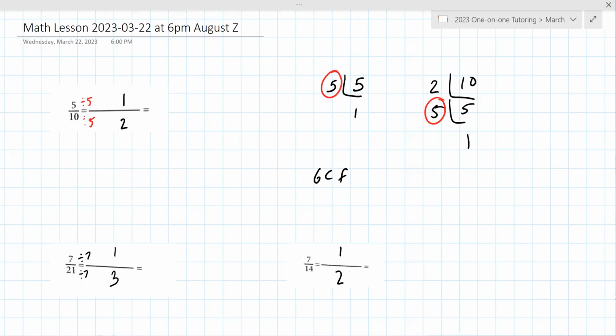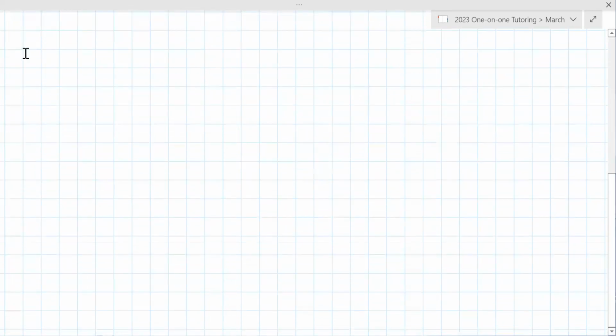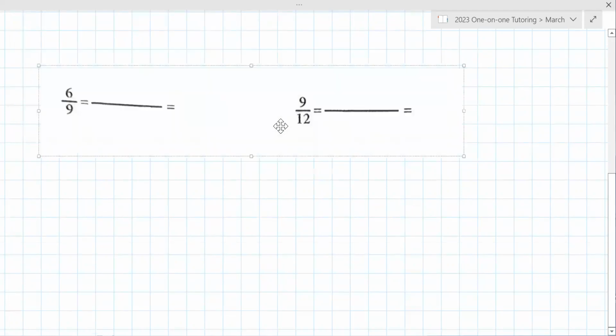So we should look at some other problems here. We should go back to some of the ones in the beginning. So 6/9, 9/12. The way that I show this is a little bit different than maybe what your teacher's showing you, but there's certain numbers to try.